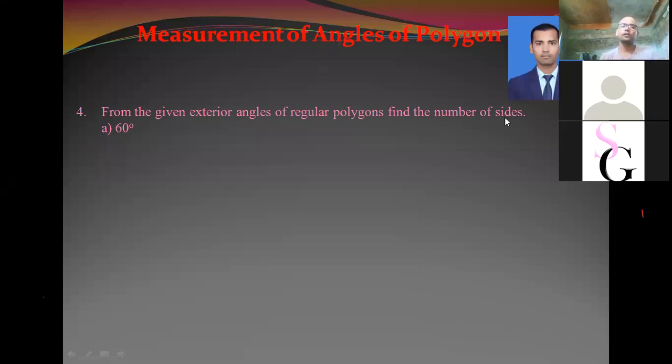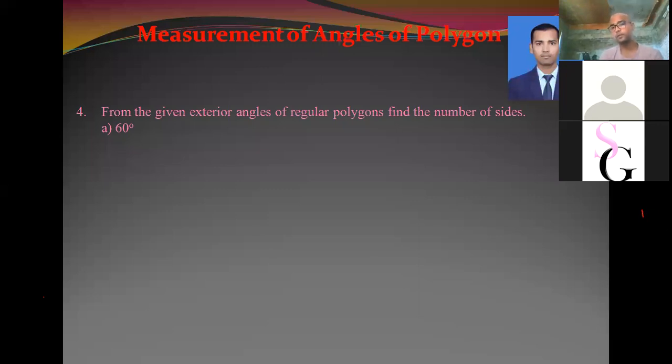Students, we have been given an angle representing the exterior angle of a regular polygon. If the exterior angle of a regular polygon is given, how can we find the number of sides?